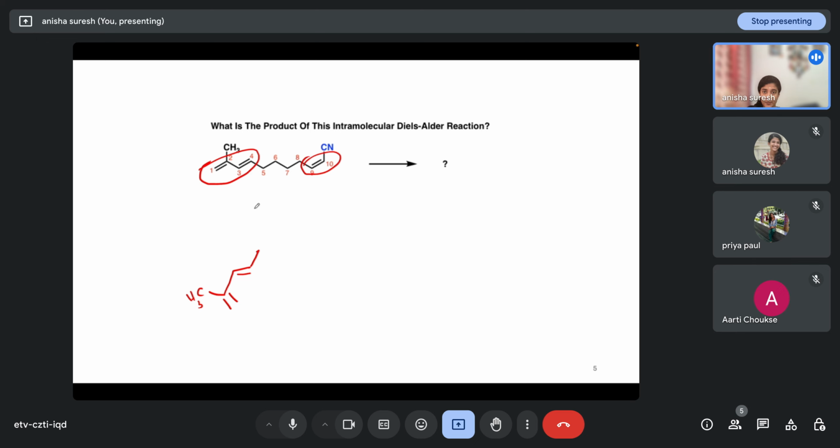So it should be coming trans. 1, 2, 3, 4. 1, 2, 3, 4, 5, 6, 7, 8, 9, 10. It can be drawn in this fashion. No?